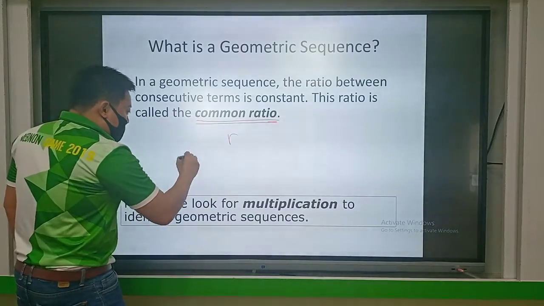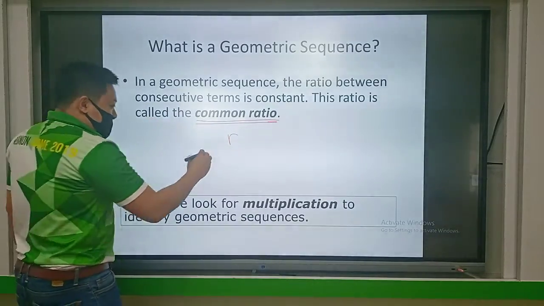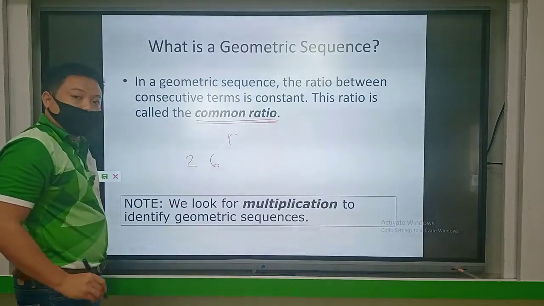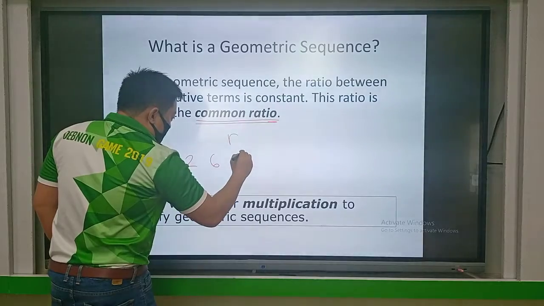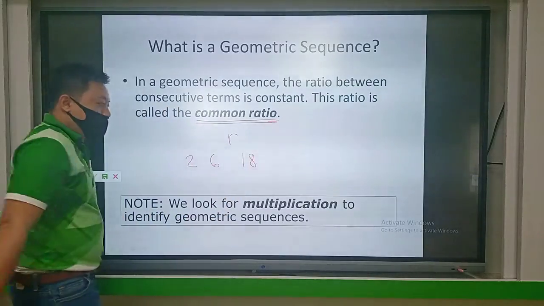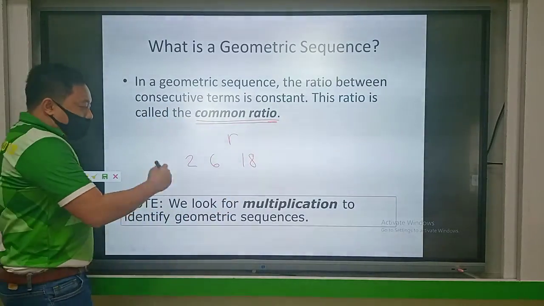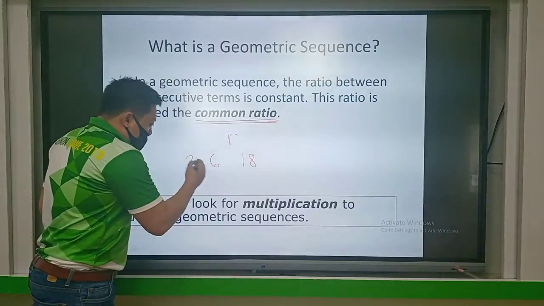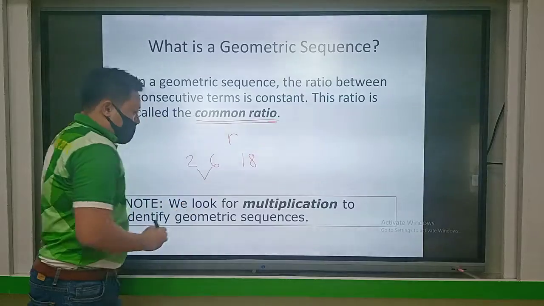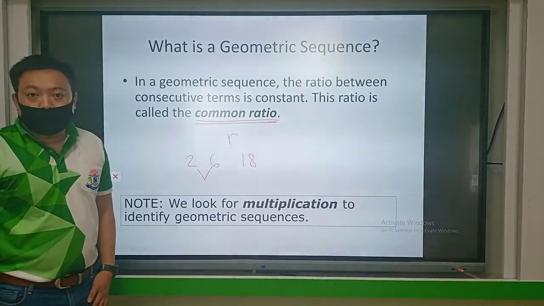Let's say we have 2, 6, 18. What do we multiply to 2 to get 6?